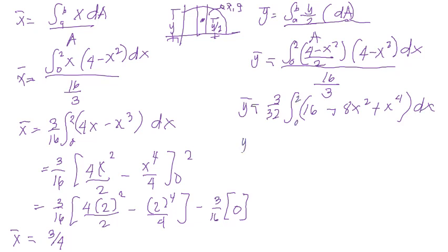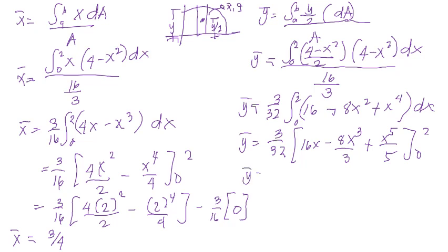So you have y bar is equal to 3 all over 32, right? We can get the integration of this. Let's try to evaluate it. 16x minus 8x cubed all over 3 plus x to the fifth all over 5 from 0 to 2. Substitute the upper limit and the lower limit.